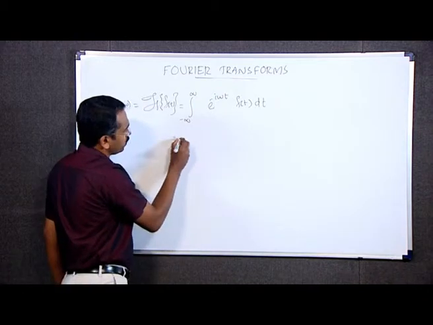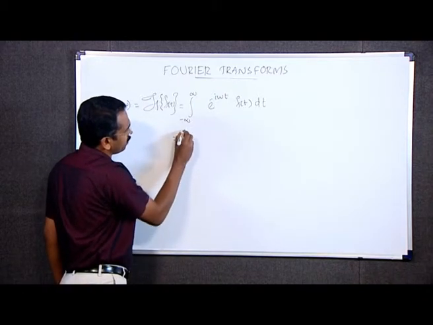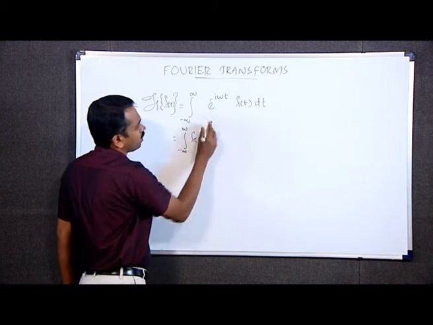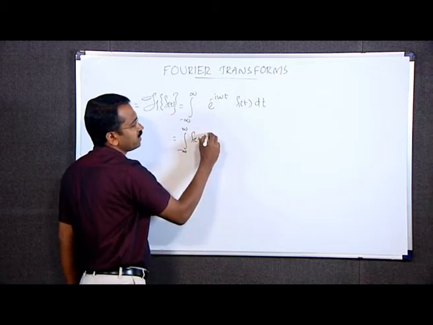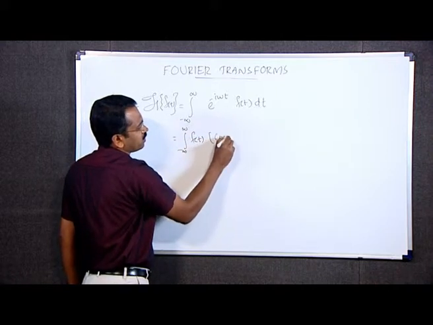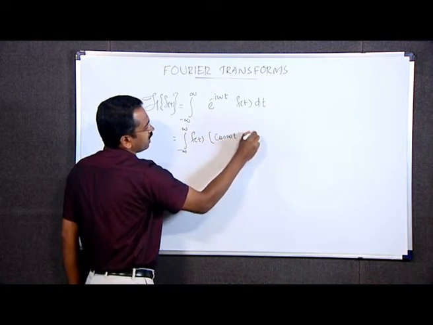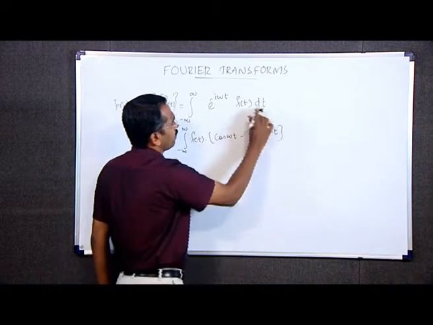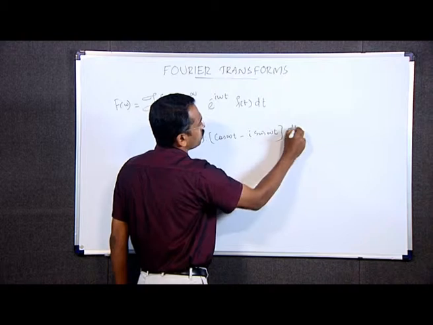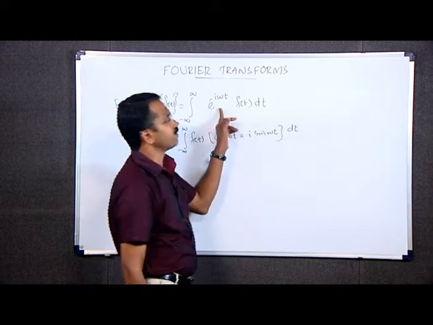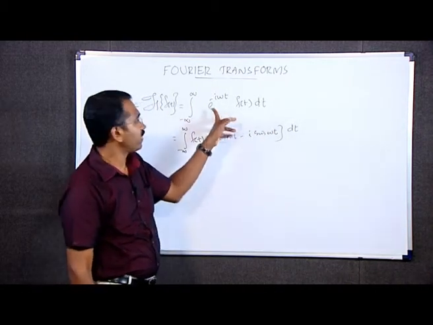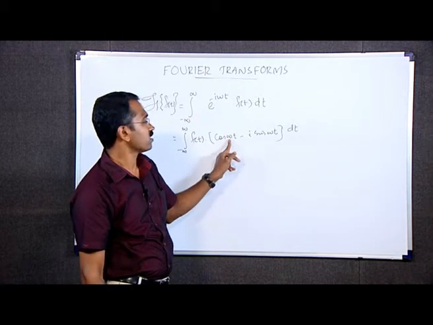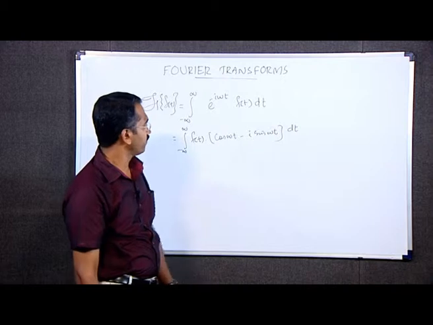This is equal to integral from minus infinity to infinity f of t into, here e raised to minus i omega t can be written as cos omega t minus i into sin omega t dt, because e raised to i theta is cos theta plus i sin theta, and e raised to minus i theta is cos theta minus i sin theta. Here instead of theta it is omega t.